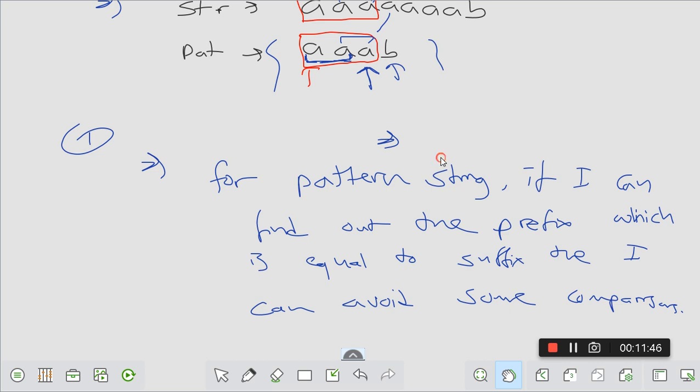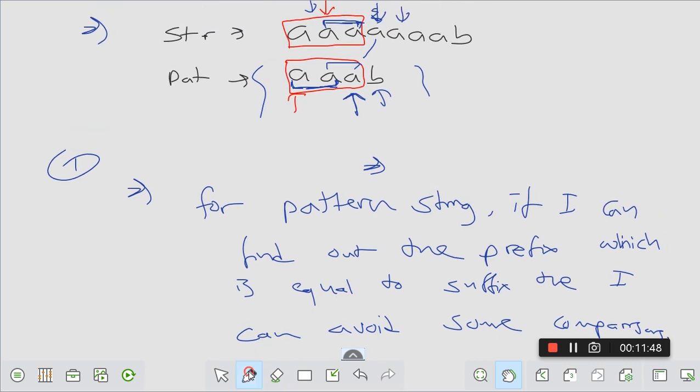I hope you guys are clear whatever I have written here. So I'm saying that if I'm able to find out the first part, the prefix, which is equal to the suffix as well, I can avoid the comparison of this prefix. When I say the prefix, I am talking about the length of the prefix.